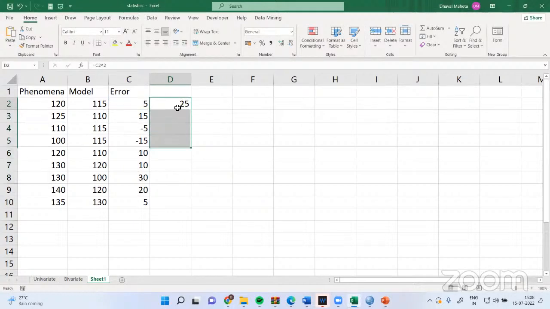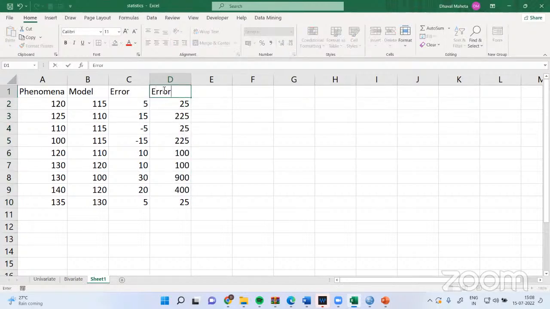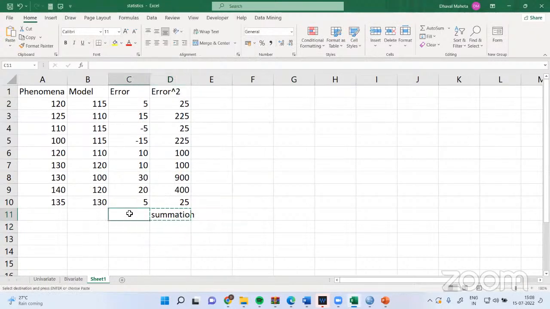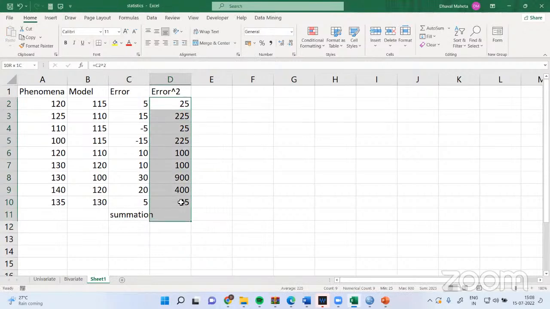If we are having 2-3 models, we will select the model in which the summation of this is minimum. On the basis of this, we are making an equation.